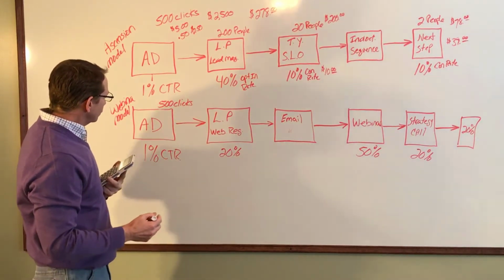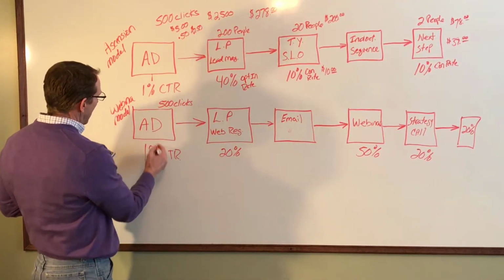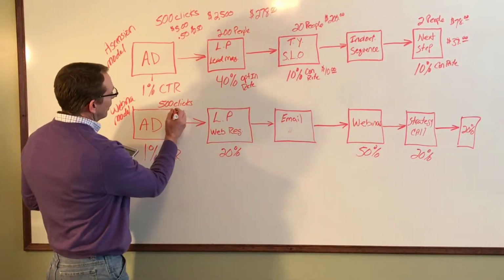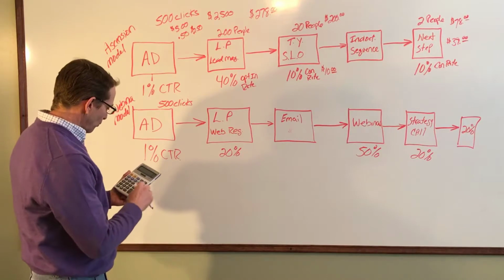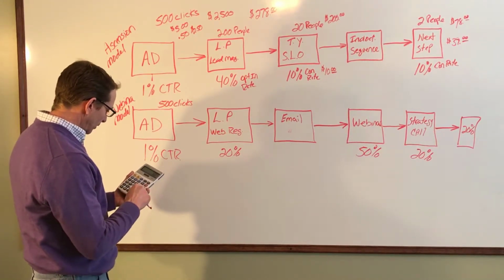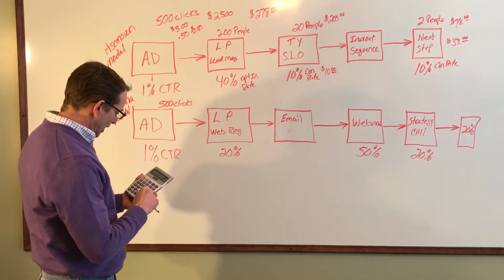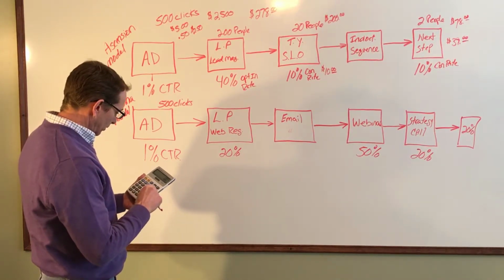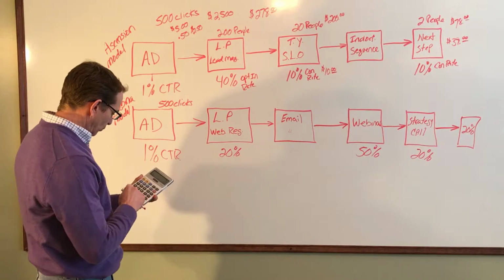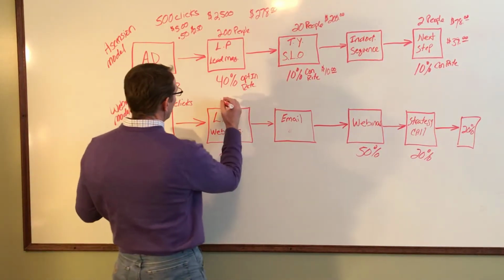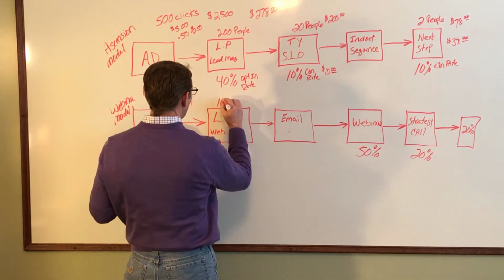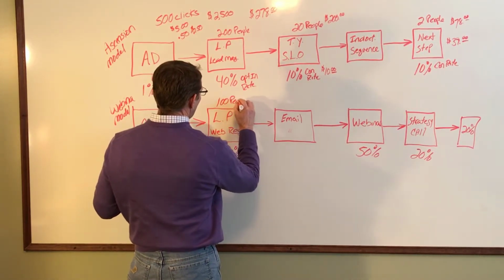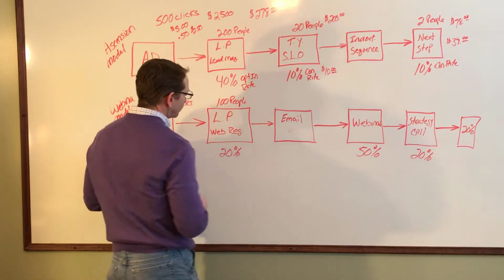Now, the next one. Okay, you have an ad, it's converting at 1% click-through rate. You get 500 clicks here. 500 clicks times 20%, that's 100 people that register for your webinar.